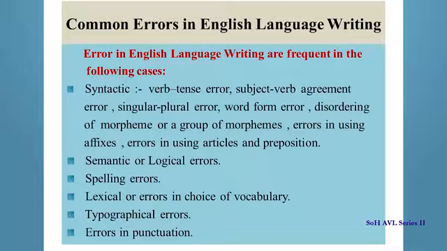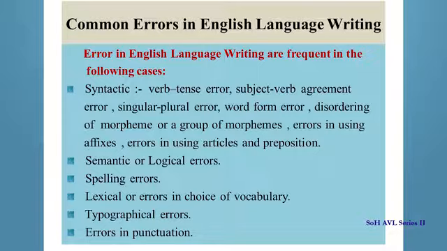So that is the incorrect knowledge of the singular plural system. Word form order, disordering of morphemes or a group of morphemes. Errors in using affixes, and errors in using articles and prepositions.